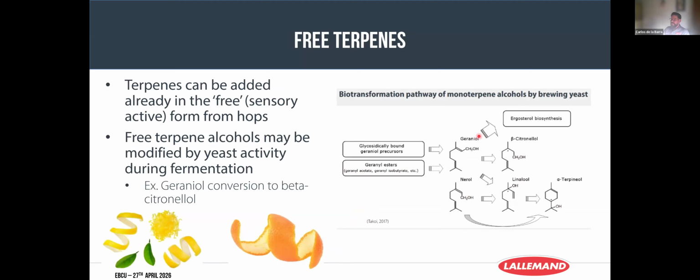There's a whole lot of pathways here. We're not going to go into each one of these. You have a reference here, which means at the end of the presentation you have a whole literature list, and you can dig these up and look in more detail at what happens here. To simplify, there's one molecule, geraniol, and through different pathways you can make a whole set of different molecules that will have distinct and very different aromas, in different magnitudes as well.